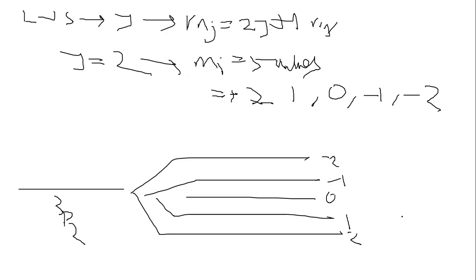So if we consider the 3p2 state, then when we place it in a magnetic field, due to the ls coupling, the level will be split into 5 levels, as j is equal to 2, and for each j value we have different mj values. That is, for a particular value of j, the number of mj values possible is 2j plus 1. So if we put j equals to 2, we get 2j plus 1 equals 5. So the number of levels in which the p orbital will be split in presence of magnetic field is 5.